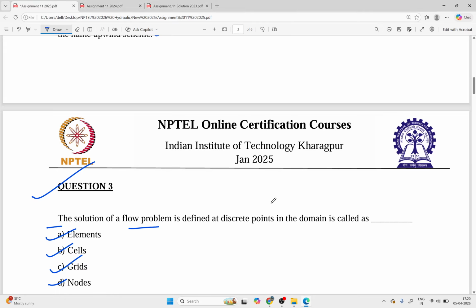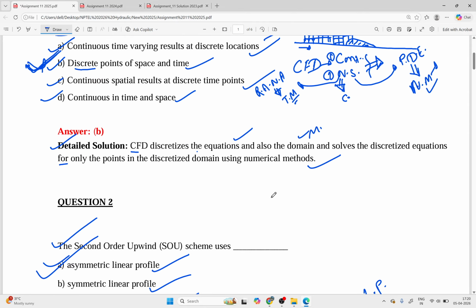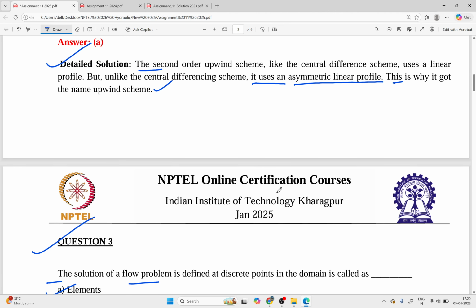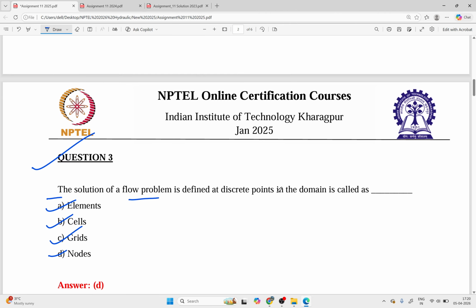As we have seen in the explanation of question number 1 also, CFD discretizes the domain and solves the discretized equation only at points in the discretized domain using numerical methods, and that point is known as a node. Option D is correct for question number 3.